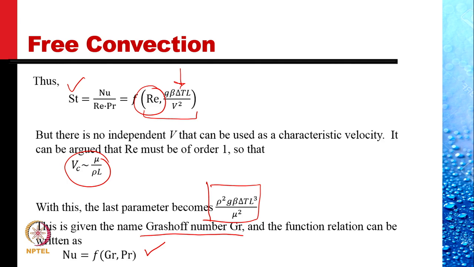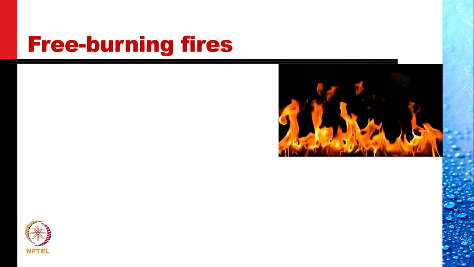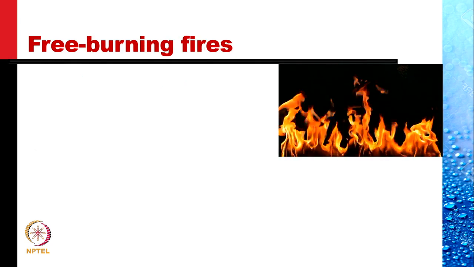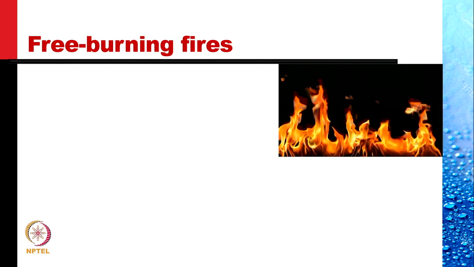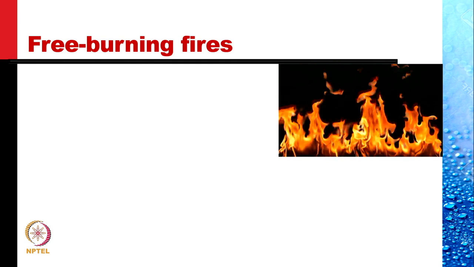Of course, this can be improved if we write scale factors in terms of the direction, like we have done before. And it can be shown that Nusselt number varies like 1/4 power of the Grashof number. One last case study on free burning fires.